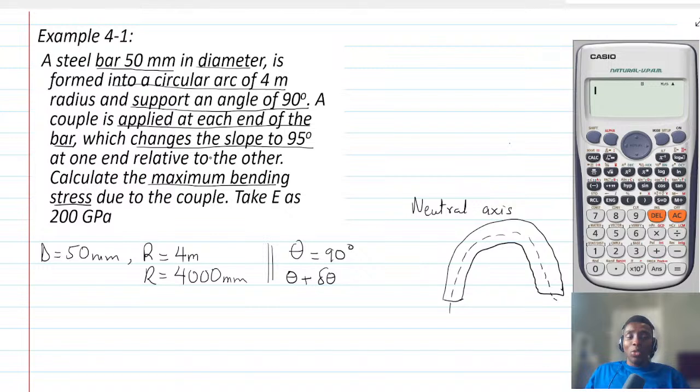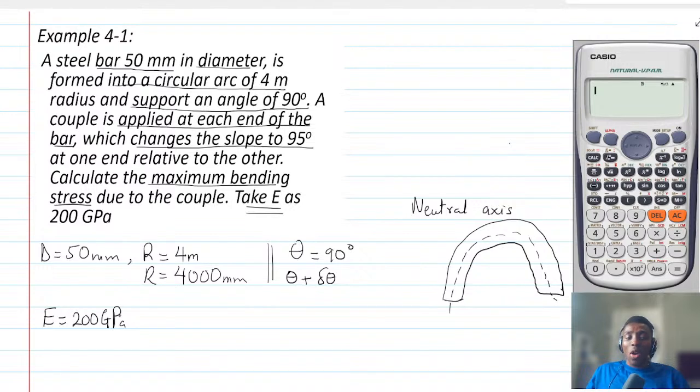One thing that I want you to understand here is that the Young's modulus is given here as 200 gigapascal. But some students confuse the units when they are changing from one unit to another. Please take notice of this.